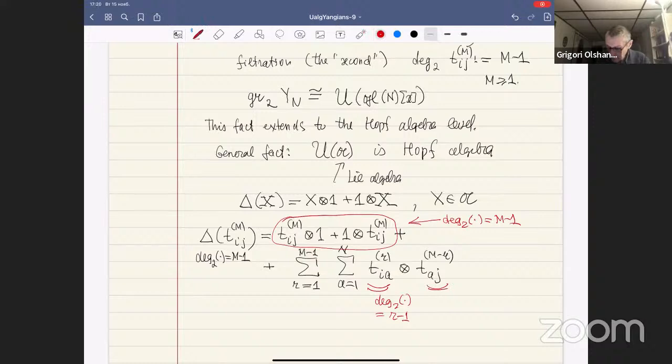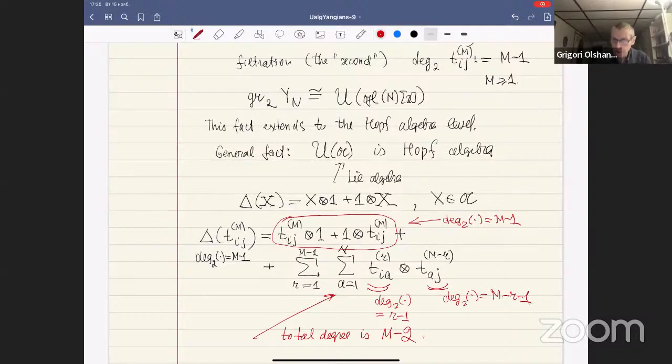So the degree of this object is equal to m minus r minus 1. So the total degree is m minus 2. So actually, these terms disappear when we pass to the graded algebra.